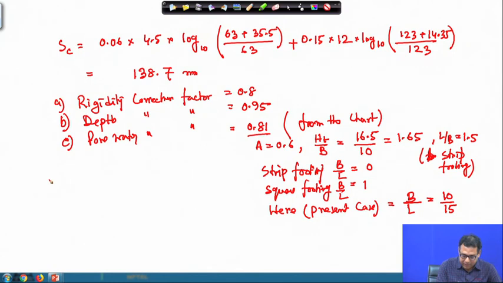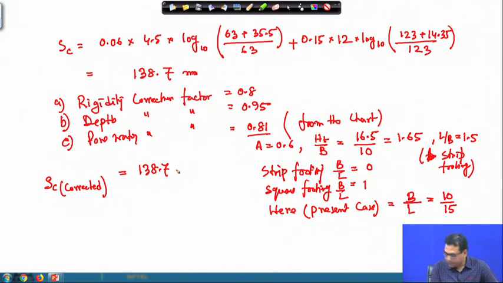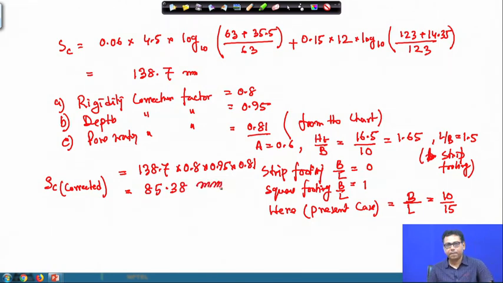So, now the corrected SC is 138.7 into 0.8 into 0.95 into 0.81. So, that is equal to 85.38 millimeter. Okay. So, the total settlement is immediate plus consolidation settlement.